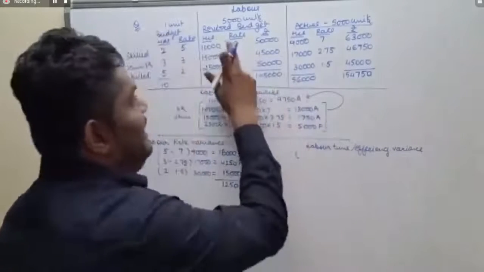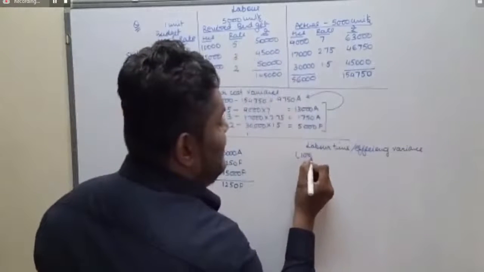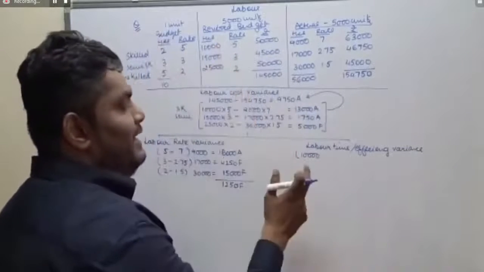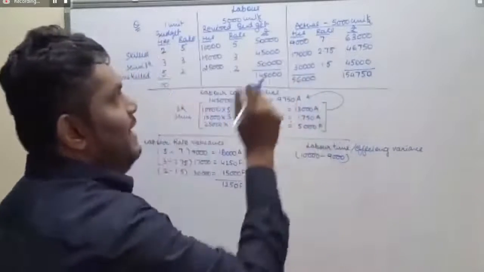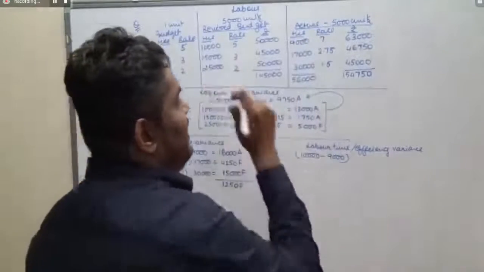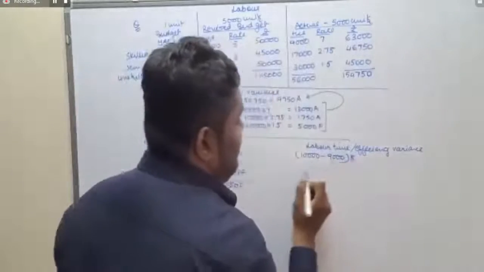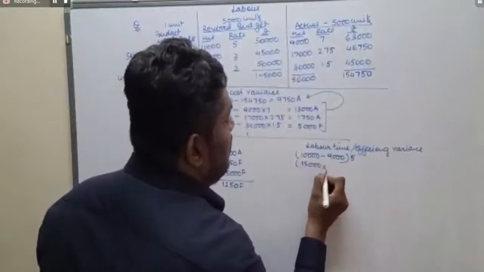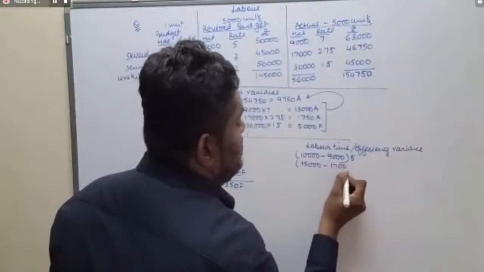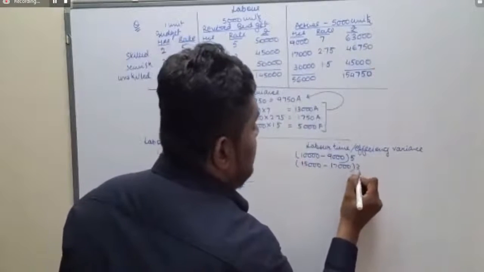How much quantity was supposed to be used, that is 10,000 kgs. So here 10,000 hours minus hours actually worked, 9,000 hours, into standard rate, that is 5. Similarly, 15,000 hours minus 17,000 into 3.